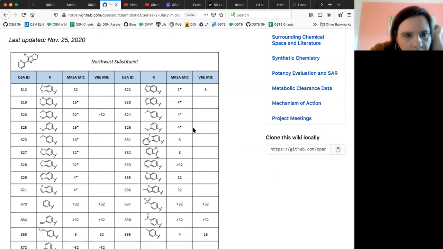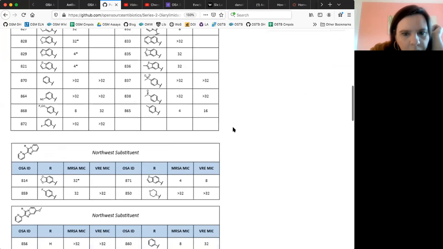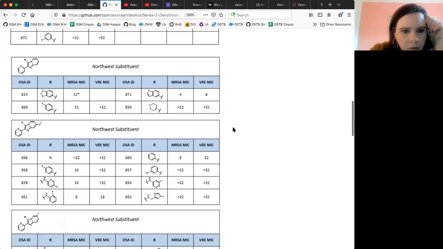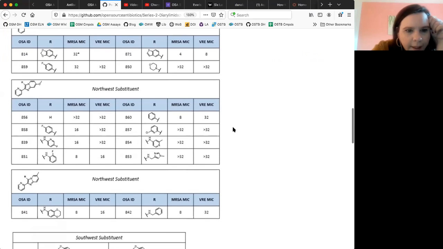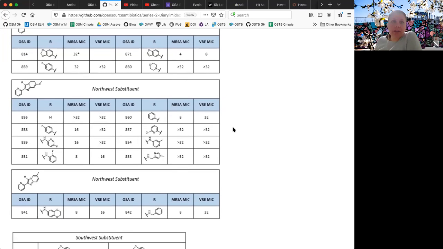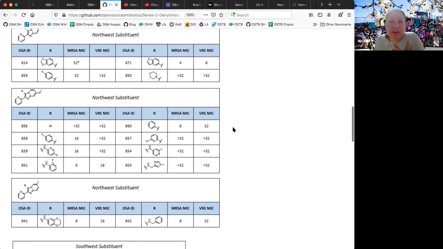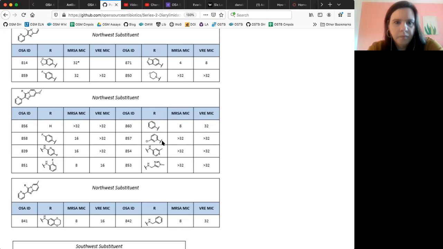Yeah, it'll be the different cores, so I don't think it would be in that table. Oh, but like 839. Yeah, but that's also got the extra NH. 857 does not though. That's actually dead. And 854, another one, but that's also got the extra NH.